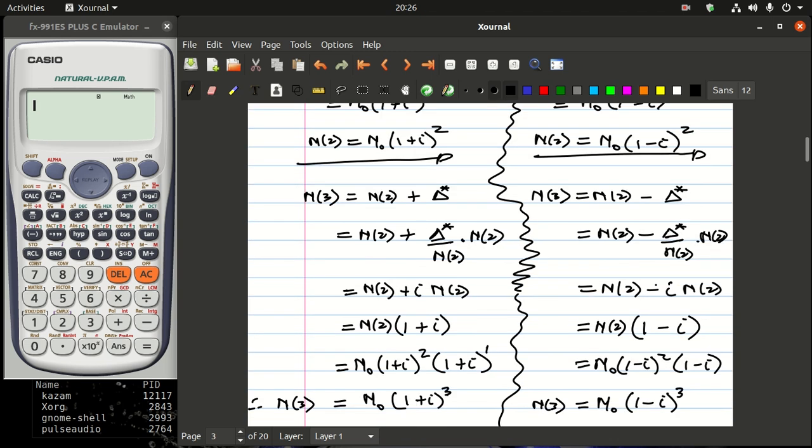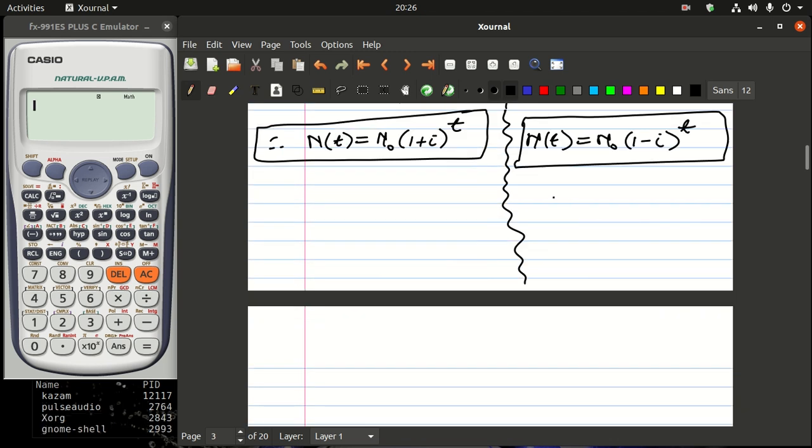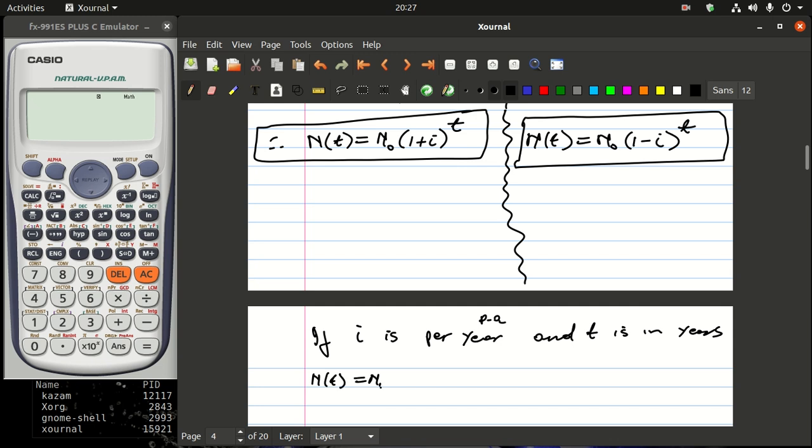Now, I want us to talk about this. The reason I was placing a star on I and also on t, let me try and give you the reason. If I is per year, that is per annum, it's an interest per annum or per year, and t is in years, the formulas we use are going to be N of t is equal to N naught times 1 plus I raised to t.